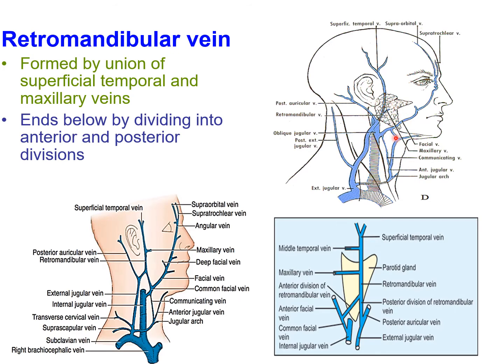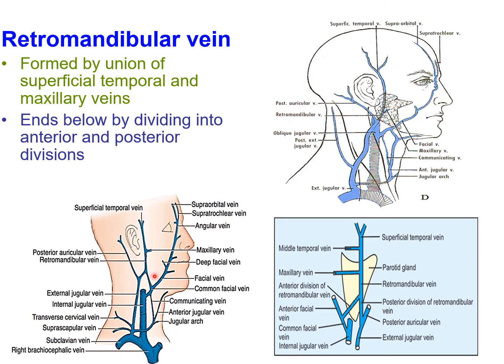Talking about the retromandibular vein, it lies in the intermediate zone of the parotid gland. It is formed by the union of the superficial temporal vein and the maxillary vein. They unite in the substance of the parotid gland to form the retromandibular vein, which further divides into anterior and posterior divisions.